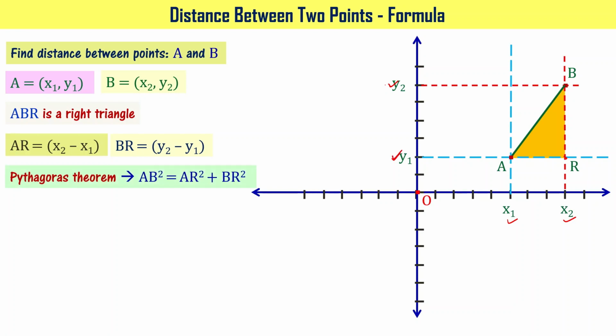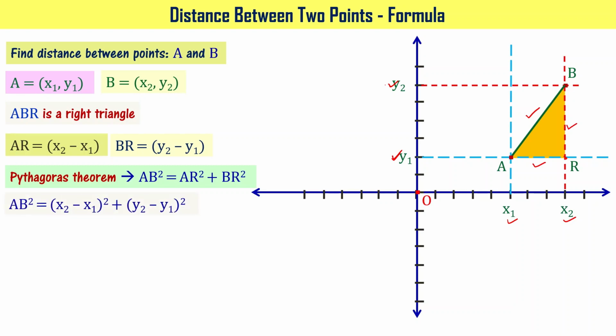Now, we know that the Pythagoras theorem says that AB square, that is the hypotenuse square, is equal to the sum of squares of the other two sides, AR square plus BR square, right? Now let's apply the Pythagoras theorem to these two quantities AR and BR so that we can get the AB square value.